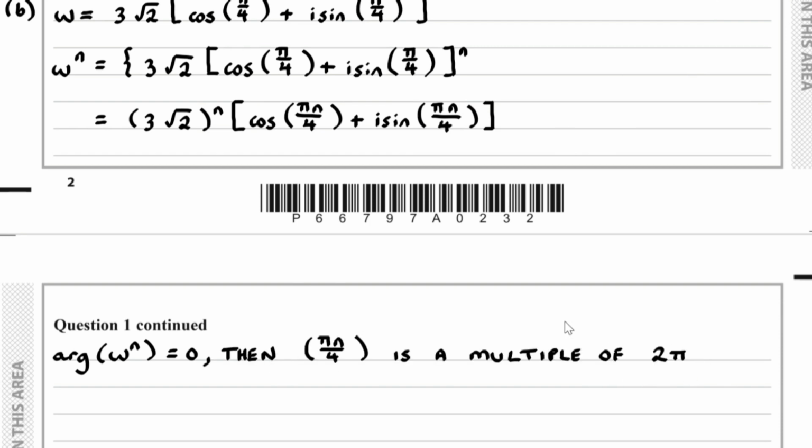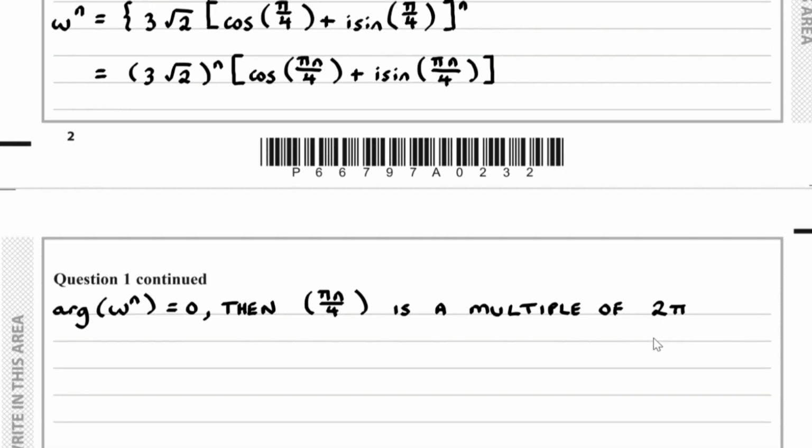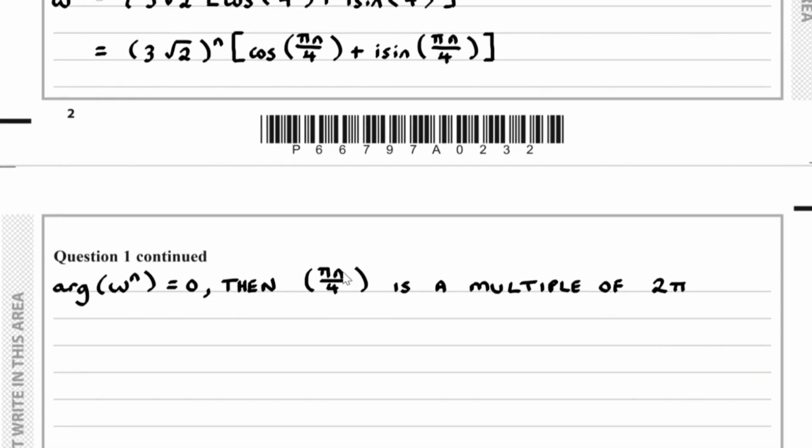And of course the reason that works is because sine of 0 will just be 0. So we can have n equals 8. And that's because if n is equal to 8, we have 8 pi over 4, which is just 2 pi. We want a multiple of 2 pi, so n equals 8 works.